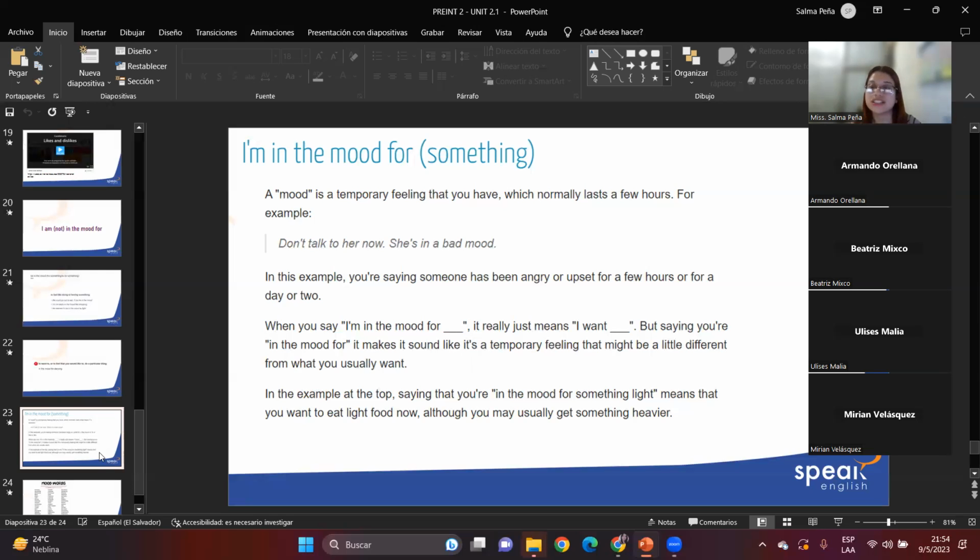It's a temporary situation. In this example, you are saying someone has been angry or mad or upset for a few hours, for a day or 2 days, but it's not a permanent situation. It's something that will end at a specific point. Es algo que se va a terminar en un momento en específico. When you are saying in the mood for, it really means I want.